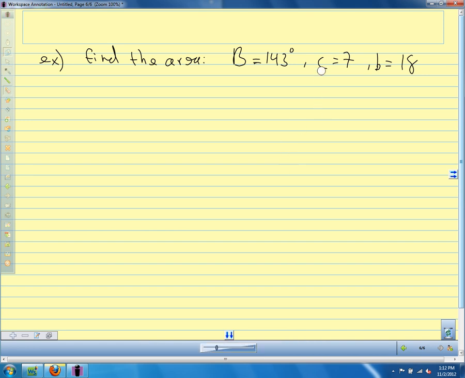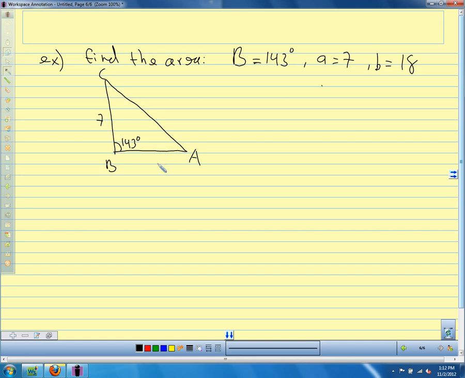This should be A. A equals 7. All right, so we can sketch out a picture. So here's my triangle. I'll call this angle B, since this is a bigger angle. We can call this A and this C. So A is 7 and B is 18. So this would be our triangle.